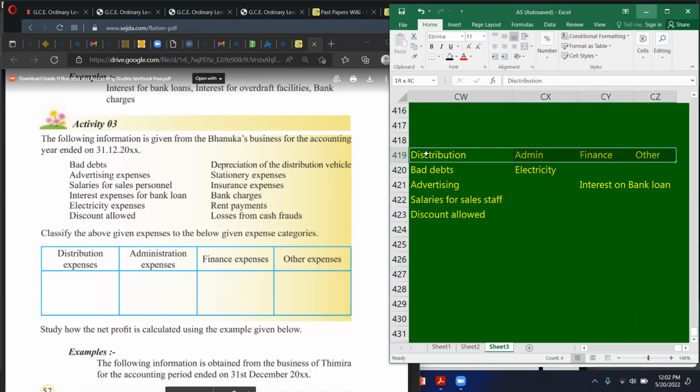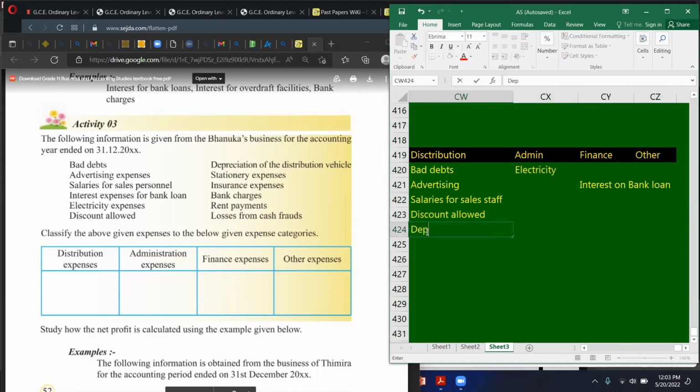Depreciation of the distribution vehicles goes to distribution expenses, stationery expenses to administration expenses, insurance expenses also to administration expenses, bank charges to financial expenses, rent payments to administration expenses, losses from cash frauds to other expenses.